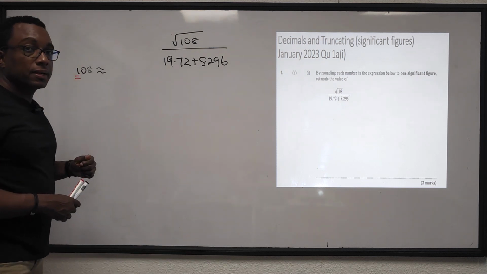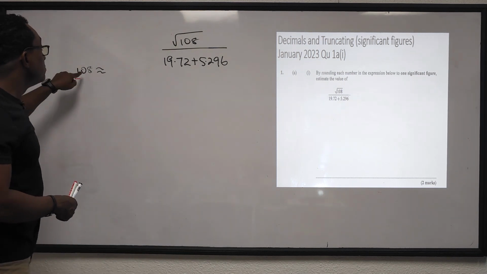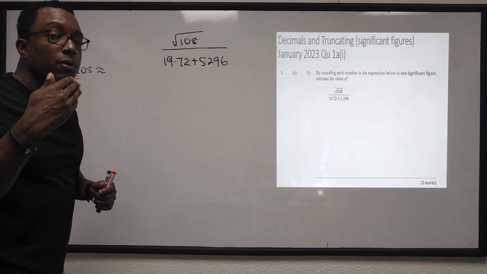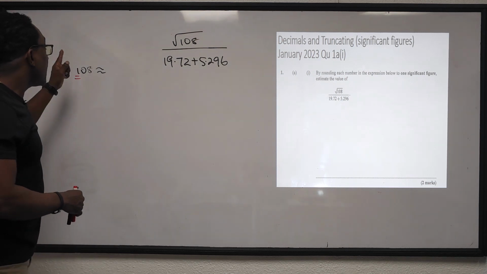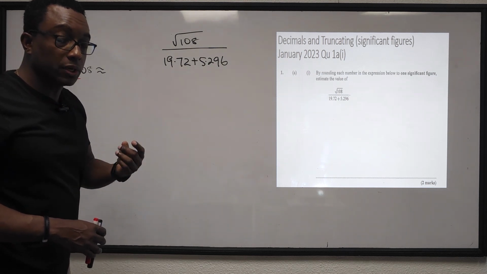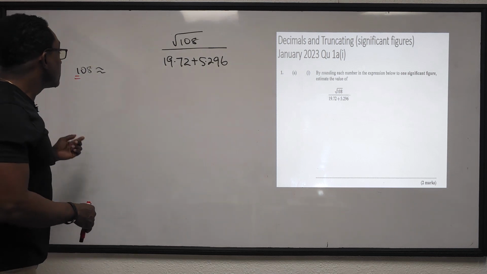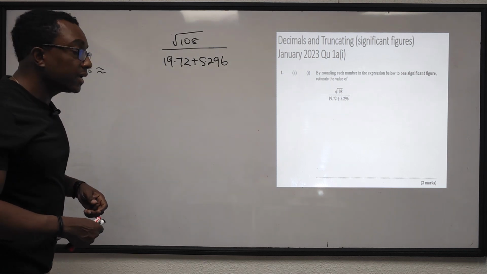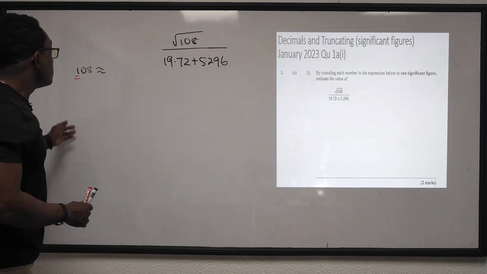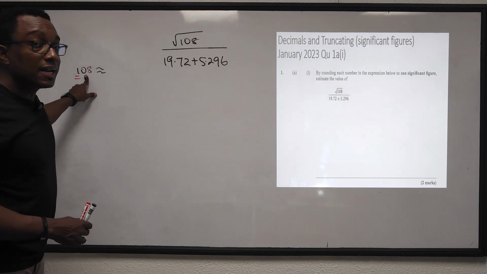So to approximate this, I must look at the number immediately after. If the number immediately after is 5 or more than 5, then I will add 1 to the number I have underlined, which is my one significant figure. If the number after is less than 5, then my number underlined remains as is. So if you look, immediately after 1, we have 0, which is less than 5.